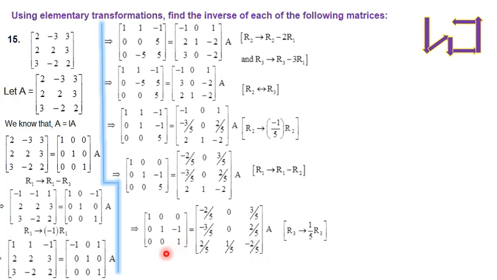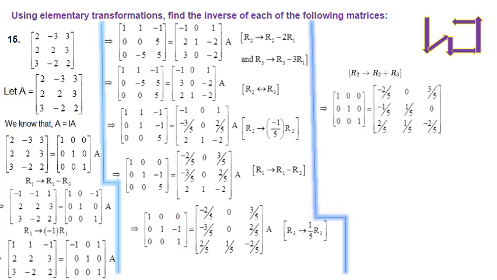Now in the left side matrix, if you check 1 0 0, then 0 1, this one we have to make it 0, then it will be fine. So for that purpose, another operation we are going to do, that is R2 gives R2 plus R3. R2 and R3, if you add it, this becomes 0.